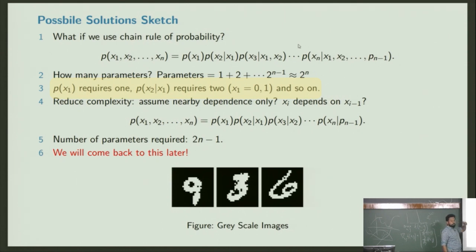So it's a 2 parameter model rather than 1 parameter model, because it's conditioned on x1 which takes 2 values. Then it's conditioned on x1 and x2, so now it's a 2 to the 2 parameter model because x1 takes 2 values, x2 takes 2 values. So you will need 4 parameters to precisely describe p(x3 | x1, x2), and so on. So if you add that, p(x1) is 1 parameter model, p(x2 | x1) is 2 parameter model, and this is 2 to the n minus 1, then you are still dealing with 2 to the n. This is because I went for the exact form.